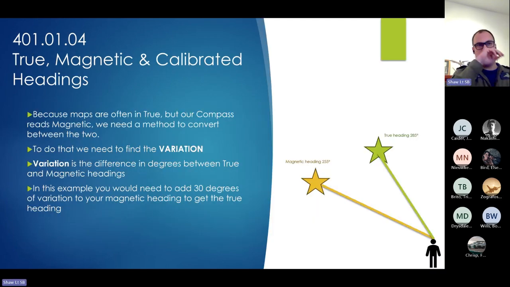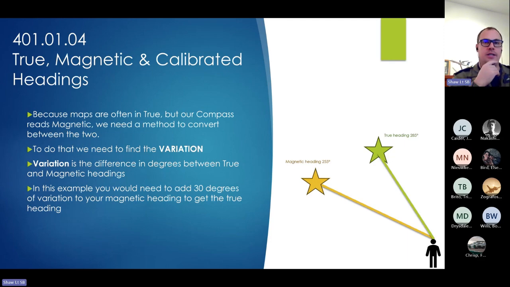So true, magnetic and calibrated heading. Maps are often laid out in true north, but our compass and our navigation is all done in magnetic. So we need a method to convert between the two. To do that, we need to find the variation between the two. It's just measuring the angular distance between true north and magnetic north, depending on where you're standing.